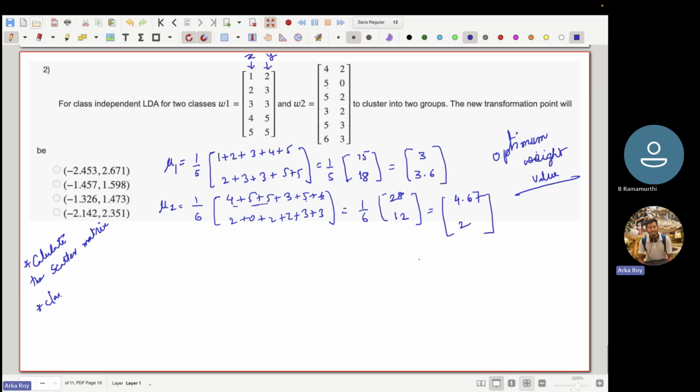We also have to calculate the within class and between class scatter matrix.